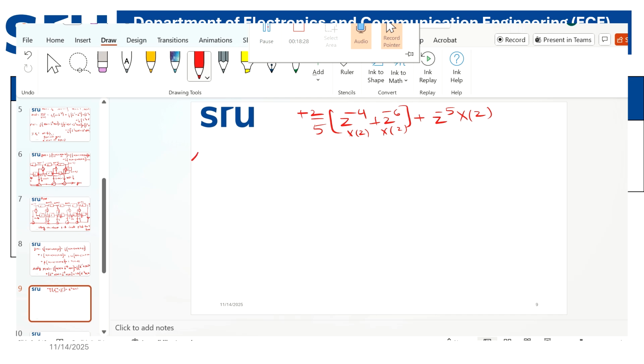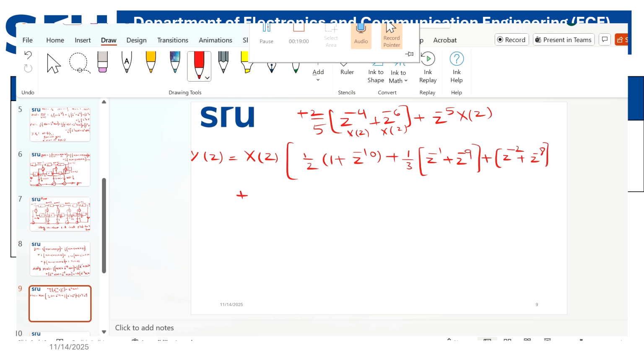If I take x of z as common in all, x of z into the very first term is 1 by 3, 1 plus z power minus 10, plus second term is 1 by 5, z power minus 1 plus z power minus 9, plus 1 into z power minus 2 plus z power minus 8, plus 1.33 into z power minus 3 plus z power minus 7, plus 2 by 5, z power minus 4 plus z power minus 6, plus 1 into z power minus 5.